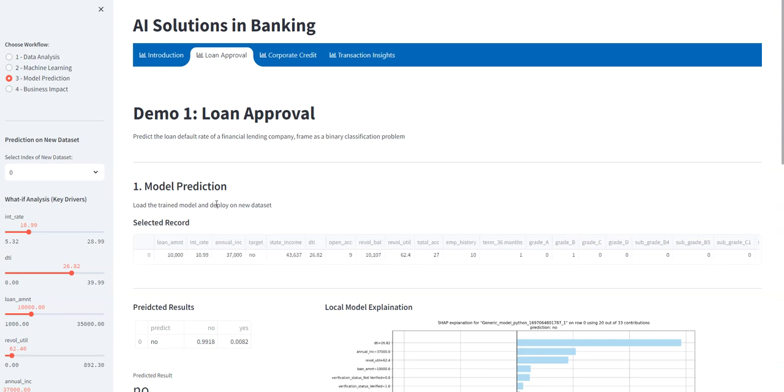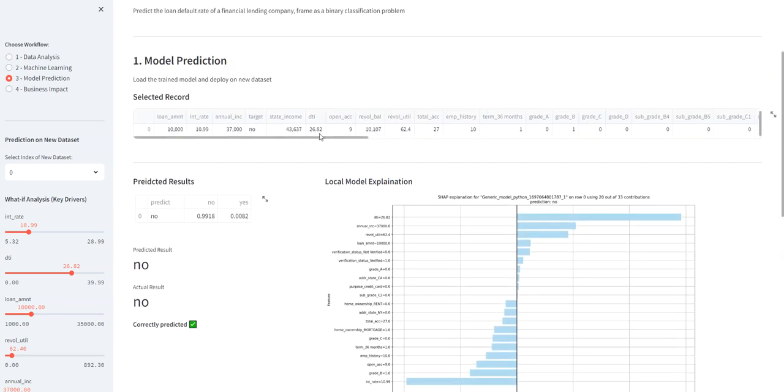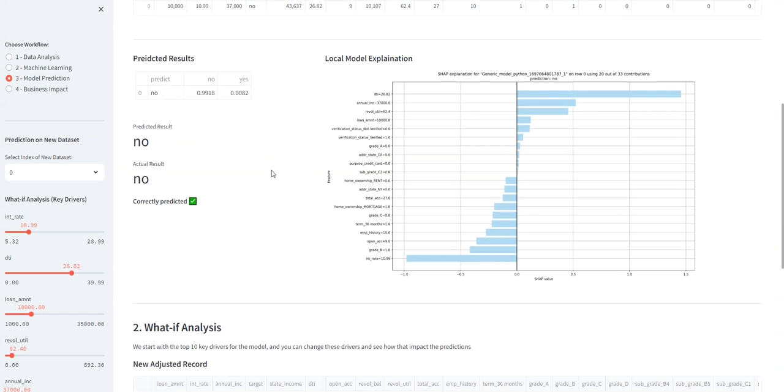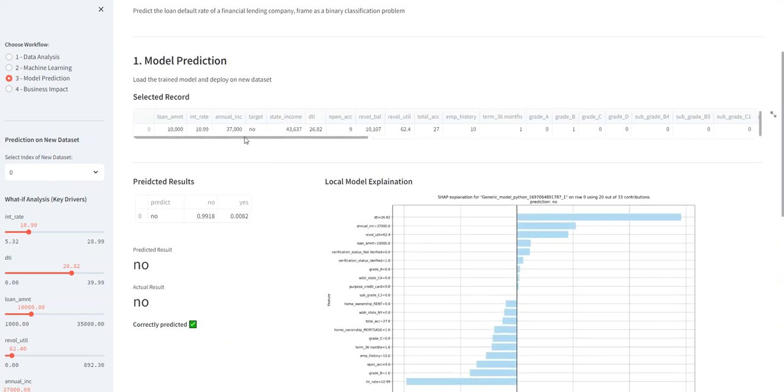So we are trying to forecast the results based on this particular record, right? This is assuming that you have a new applicant going live, and you are trying to load the model and forecast. So you can see this is one record we are trying to predict, and we load the model, and load the record, and predict the probability of whether this applicant is default or not, right?